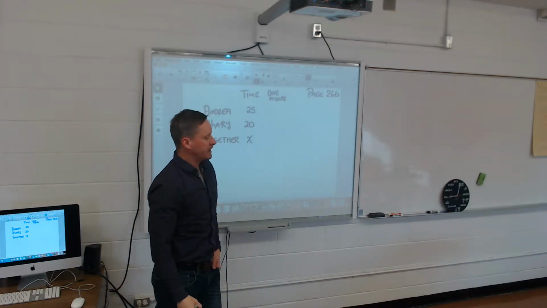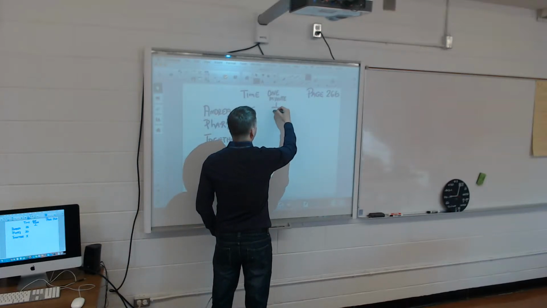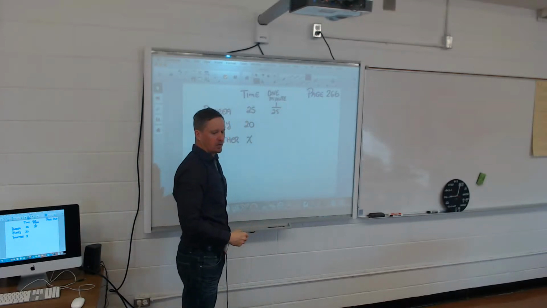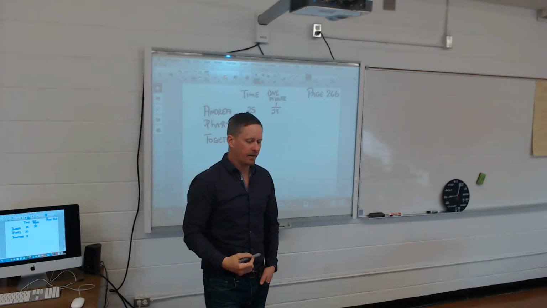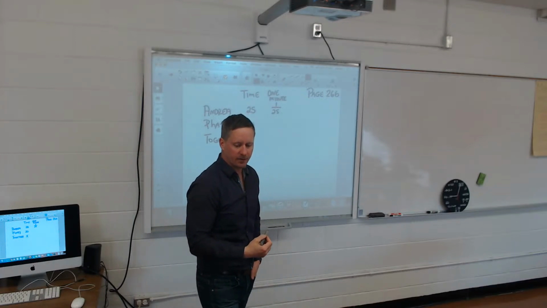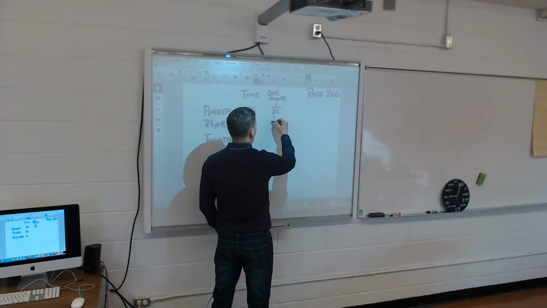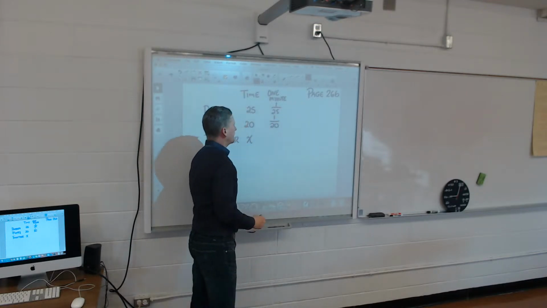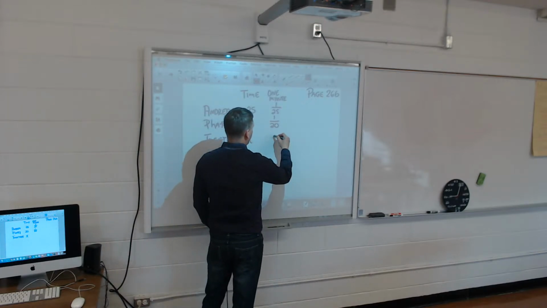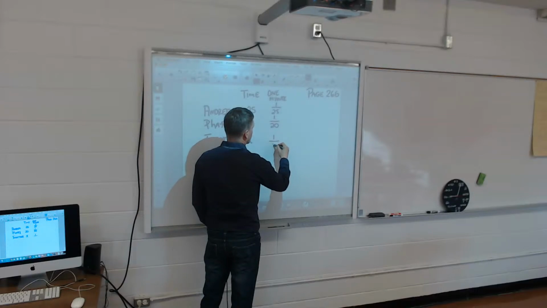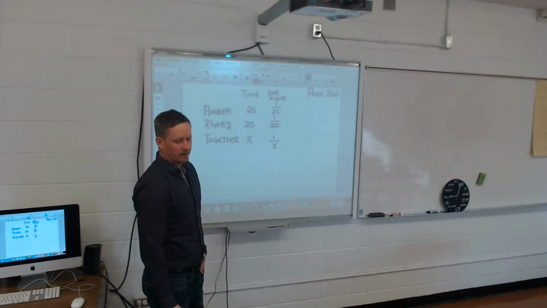She's going to eat 1/25 of the popcorn in 1 minute. If it takes you 25 minutes to eat a bag of popcorn, then in 1 minute you eat 1/25 of it. Then for him it's 1/20 of the bag. And then together, the amount of popcorn they're going to eat in 1 minute is 1/x. Okay, so far.